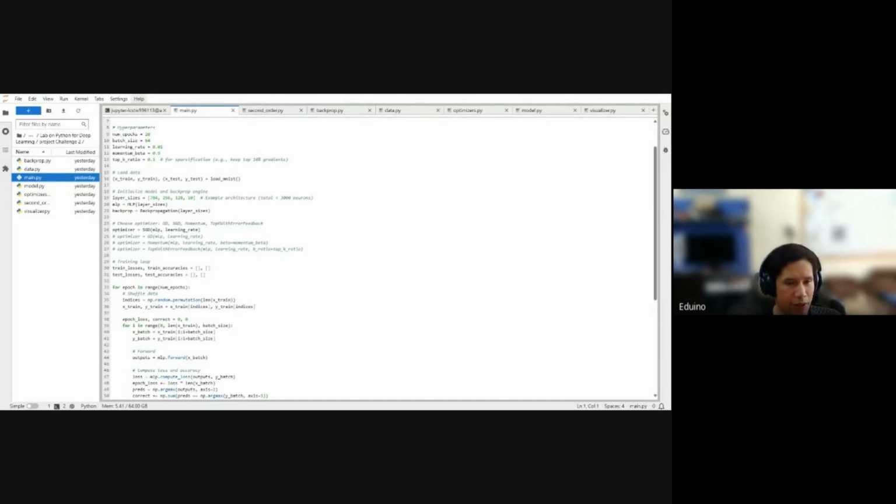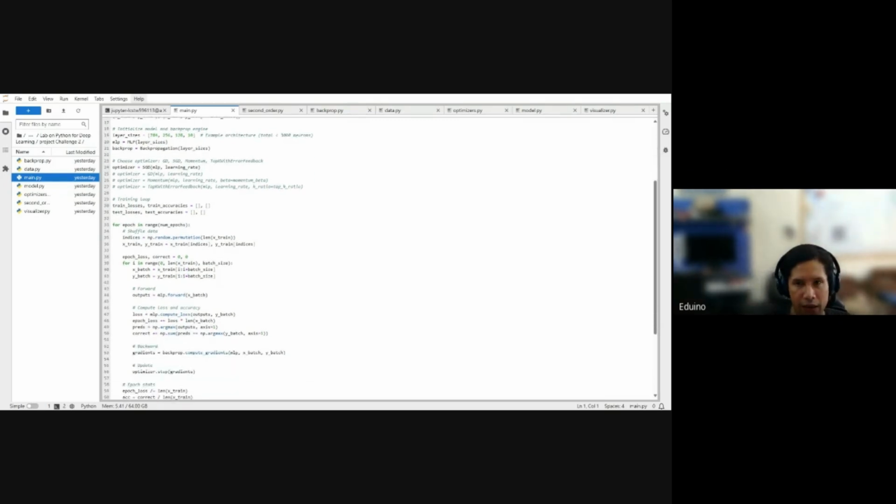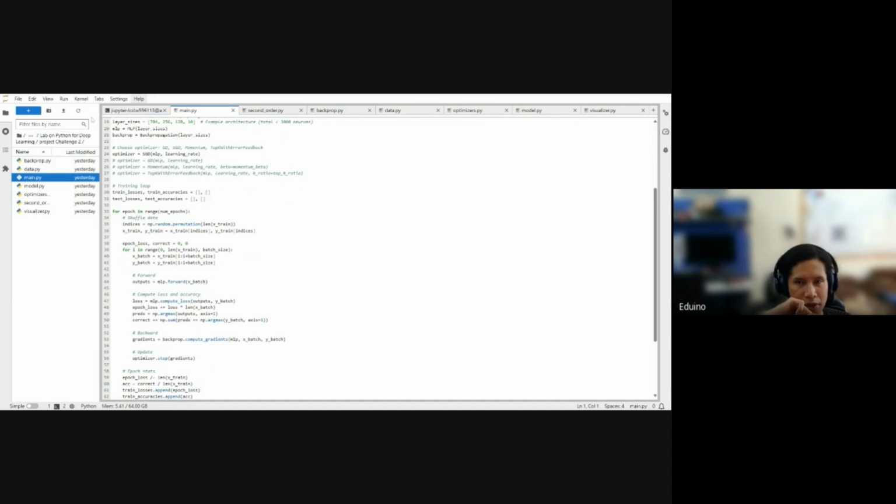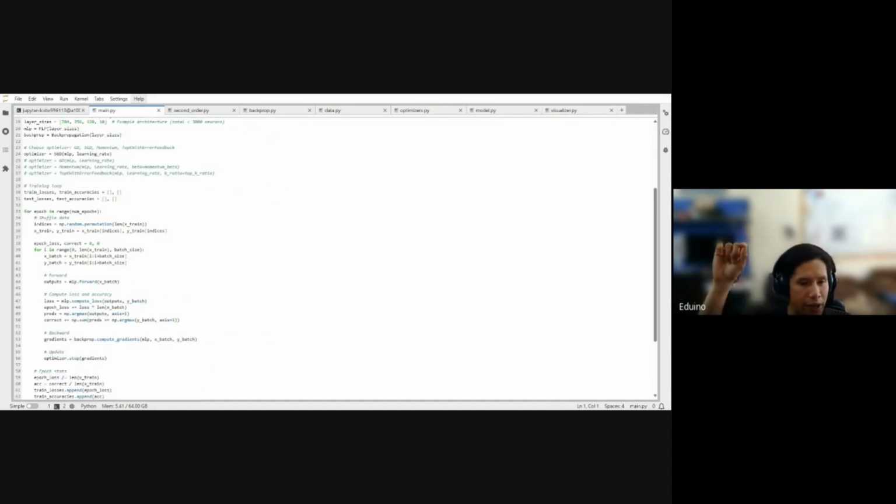Because in the previous class you saw how sometimes the model is overconfident on the training, and there's a huge gap between the performance on the test and validation sets and the training. So you also want to inspect that for the different types of optimizers.